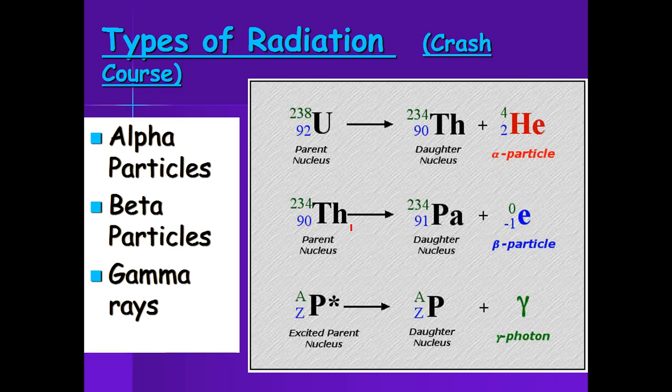So if I have this Th here, thorium, and I take 234 minus 0, it gives me 234. If I take 90 minus a minus 1, it is going to give me 91. When you subtract a negative, it's like adding. So a beta particle is like adding 1 to the nucleus. Thus, I have a new one there. And gamma rays are simply energy.